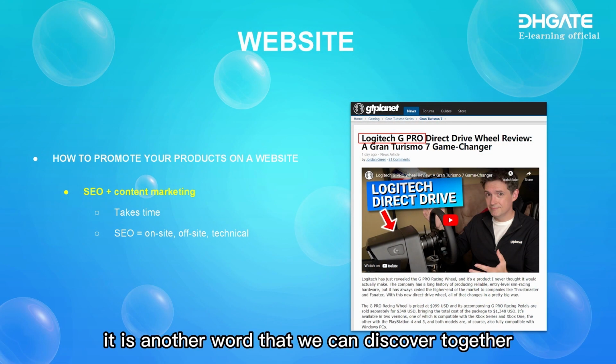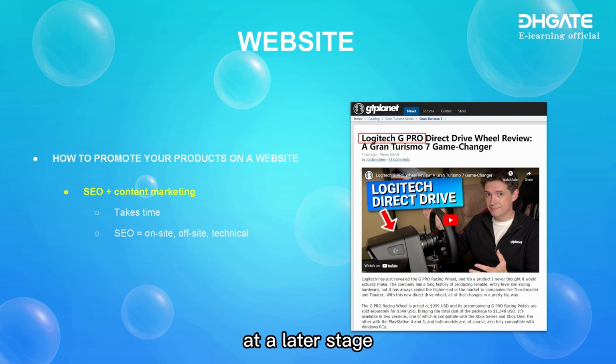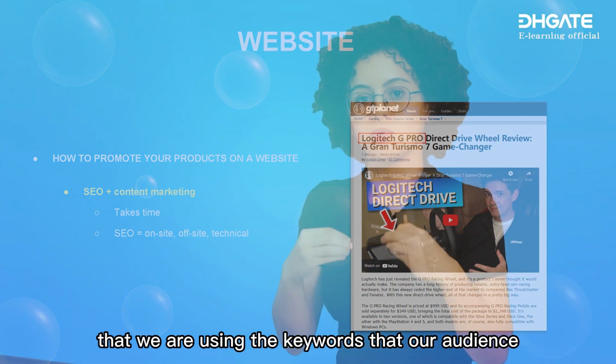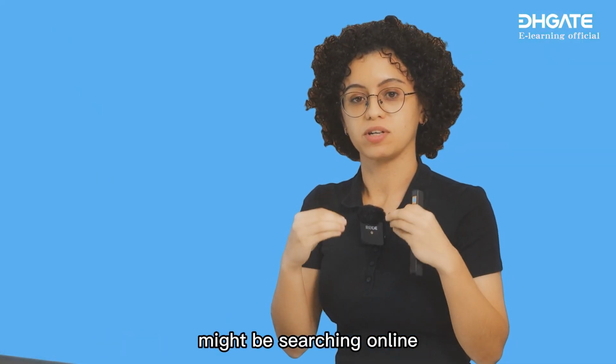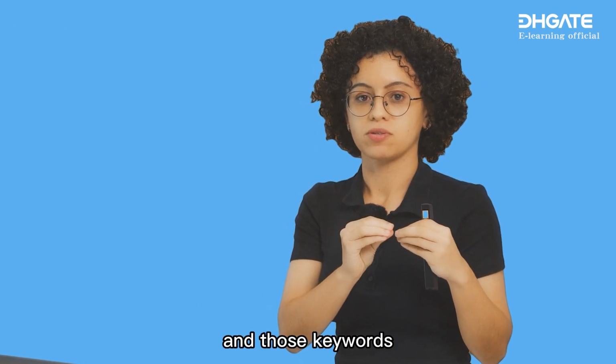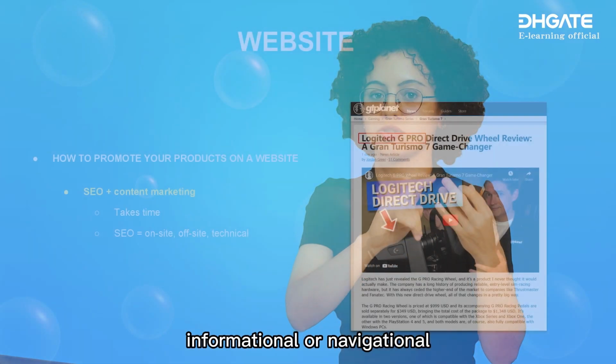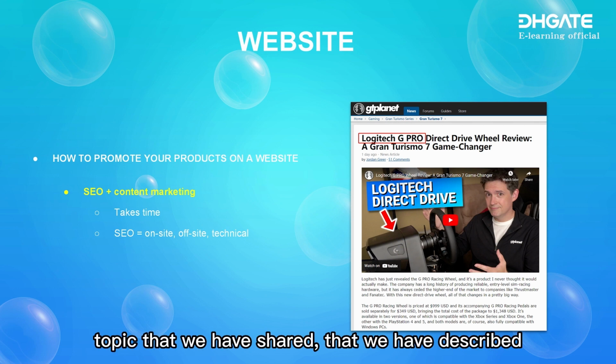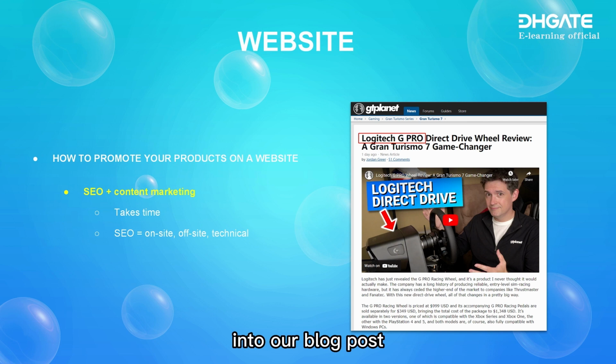It is another word that we can discover together at a later stage, but just for you now to understand roughly what it means: we need to make sure that we are using the keywords that our audience might be searching online. And those keywords, whether they're transactional, informational, or navigational, actually match the topic that we have shared, that we have described in our blog post.